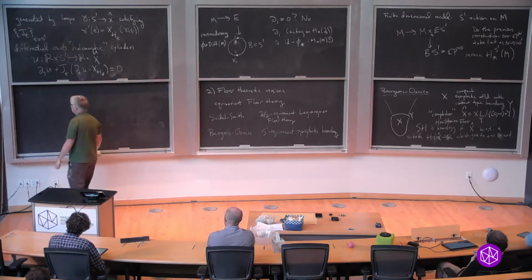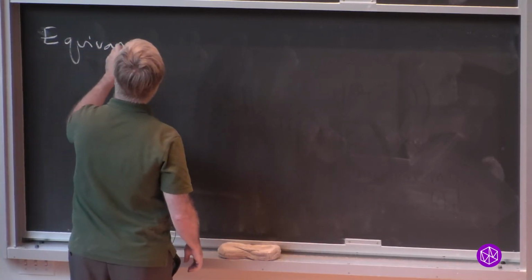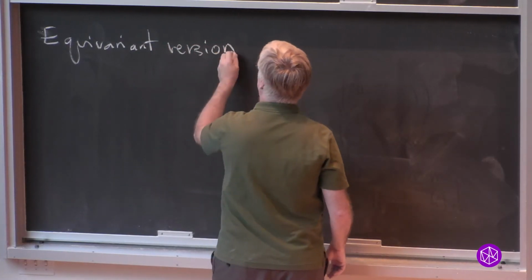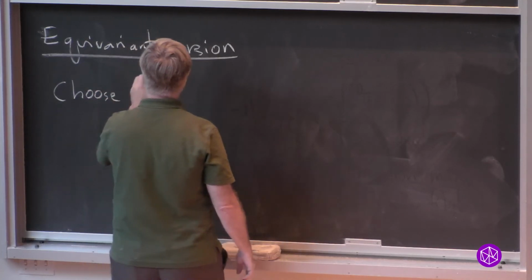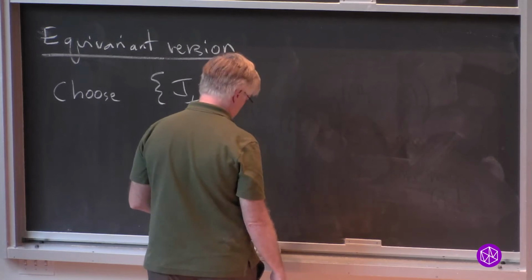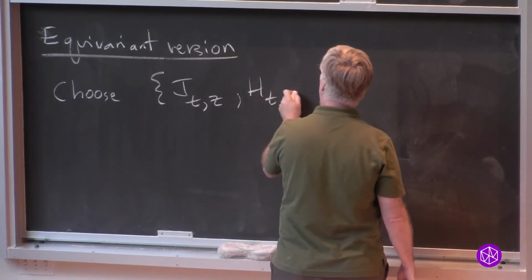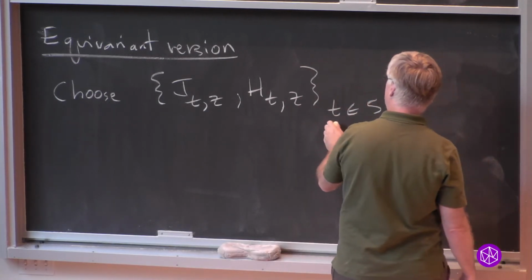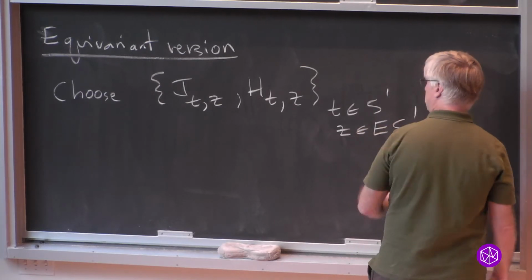So you choose JT,Z, HT,Z, where T is in S1, and Z is in ES1.